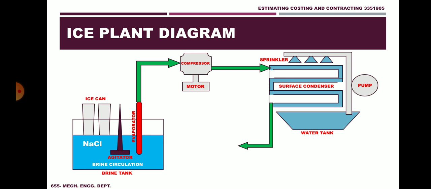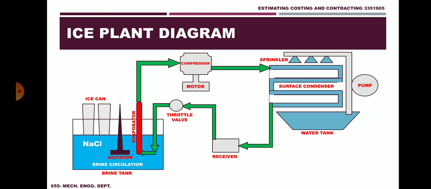Then the refrigerant moves to the receiver, and with the help of a throttling valve it again moves to the evaporator. So this is the ice plant diagram: first, evaporator to compressor, compressor to condenser, and condenser to receiver.